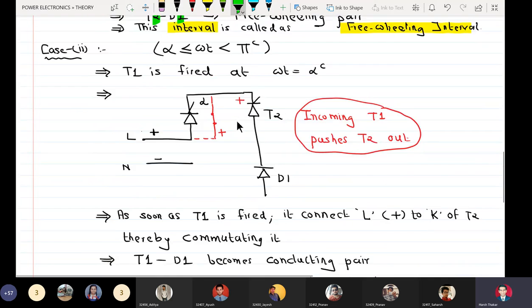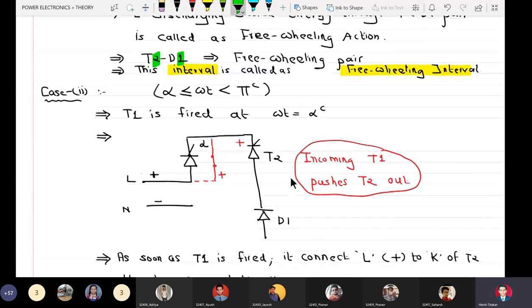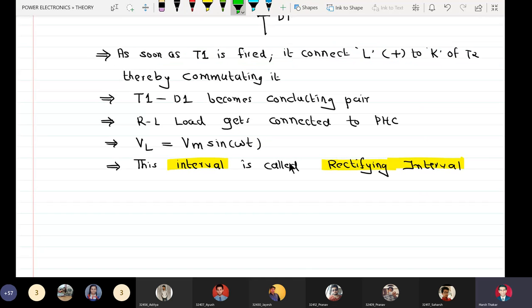When they are same, it is called rectifying. So if you have T2 D1 freewheeling, if you have T1 D1 rectifying, T2 D2 rectifying, T1 D2 again freewheeling. Okay, so again I'm highlighting it here. The subscripts of thyristor and diode are same, so it becomes the rectifying interval.